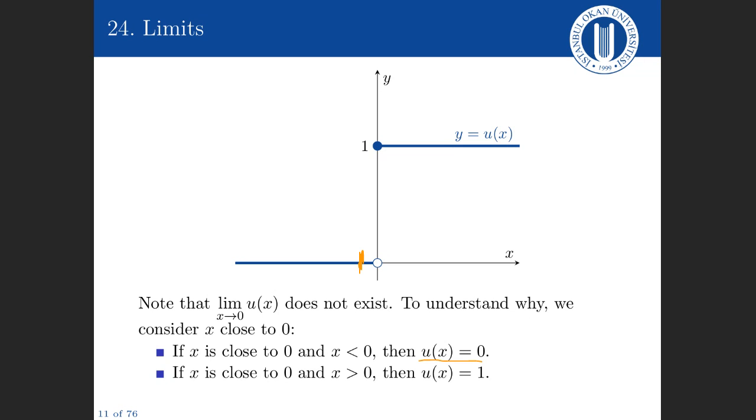Alternatively, let's suppose that x is close to 0 but positive. But then the function is equal to 1. But 0 and 1 are not close together. We can't find some number that the function is always close to if x is close to 0. So the limit as x tends to 0 does not exist.